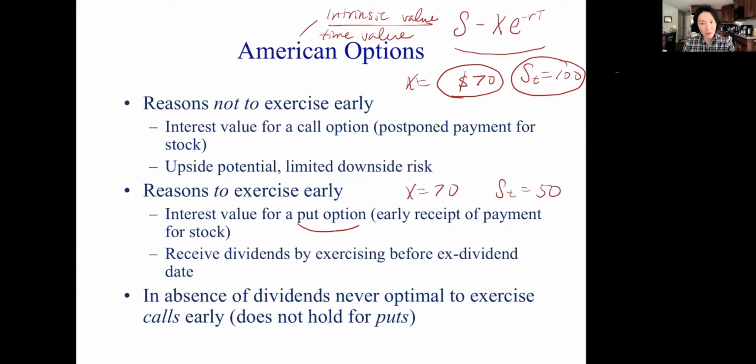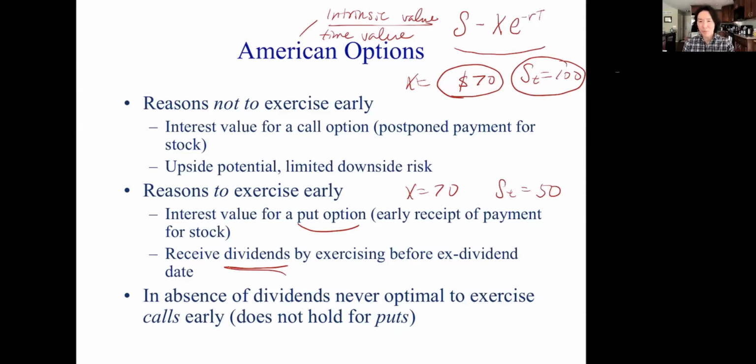So you get the interest value on the $70. So you might want to exercise early for the case of the put option. Another reason to exercise early is the dividends. Okay? Now, if you consider all these things, for the put option, it's not really clear whether you have to exercise early or later. Why? Because if you exercise early, you lose time value for the put option, but you also take the interest value for the put option as well.